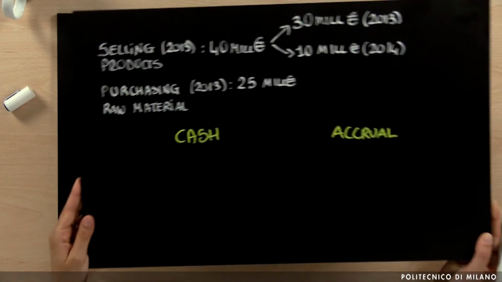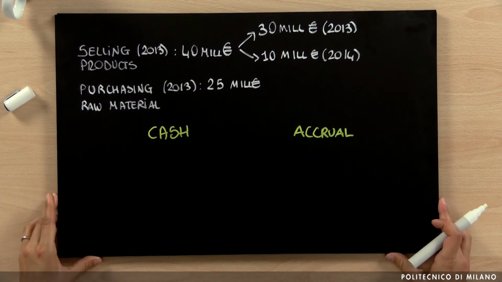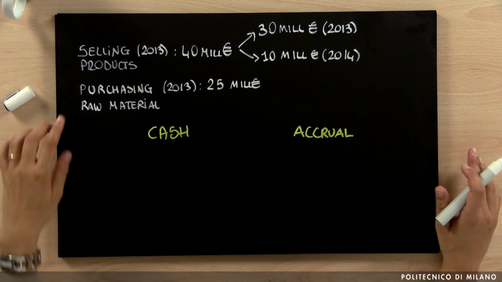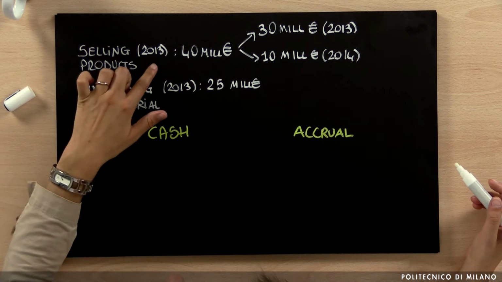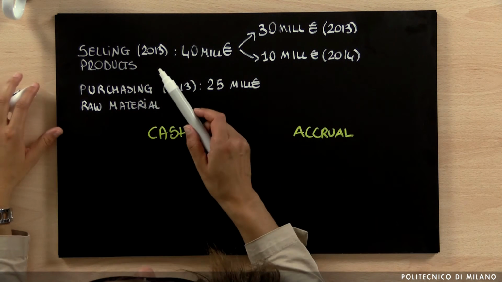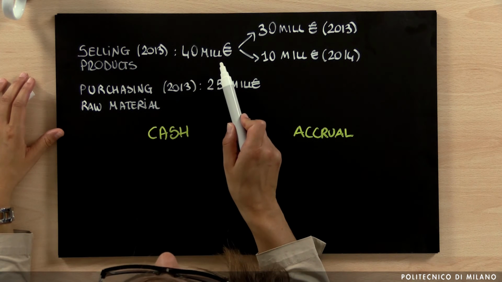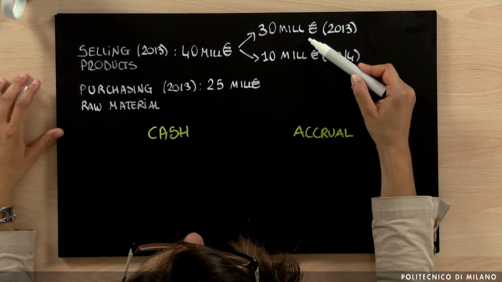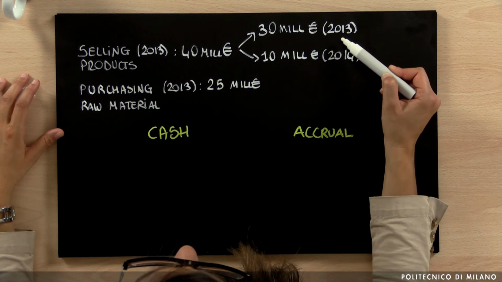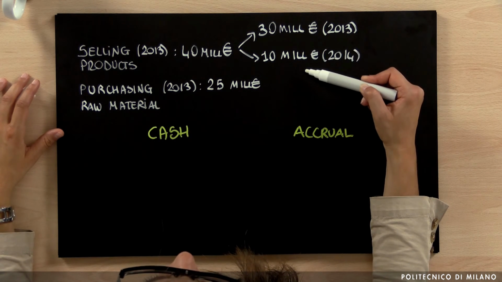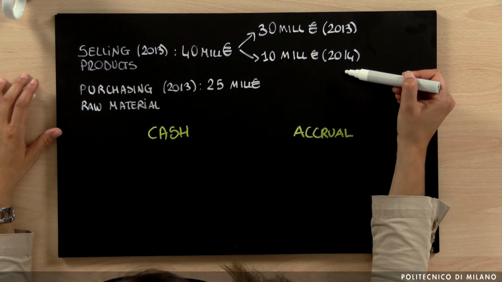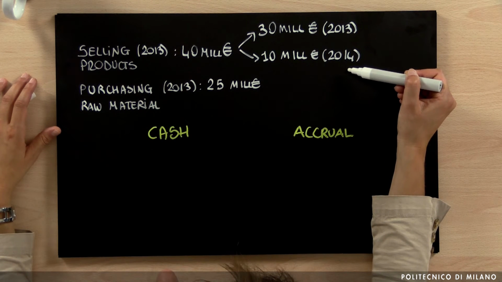Let's try to apply this concept, which is fundamental for our financial accounting, by looking at an example. Assume that we have a company, whatever kind of company, that sold some product in 2013, and the amount of product sold corresponds to 40 million euros. Given this 40 million euros, 30 million euros are received in cash in 2013, while the remaining 10 million euros are also received in cash but in 2014.